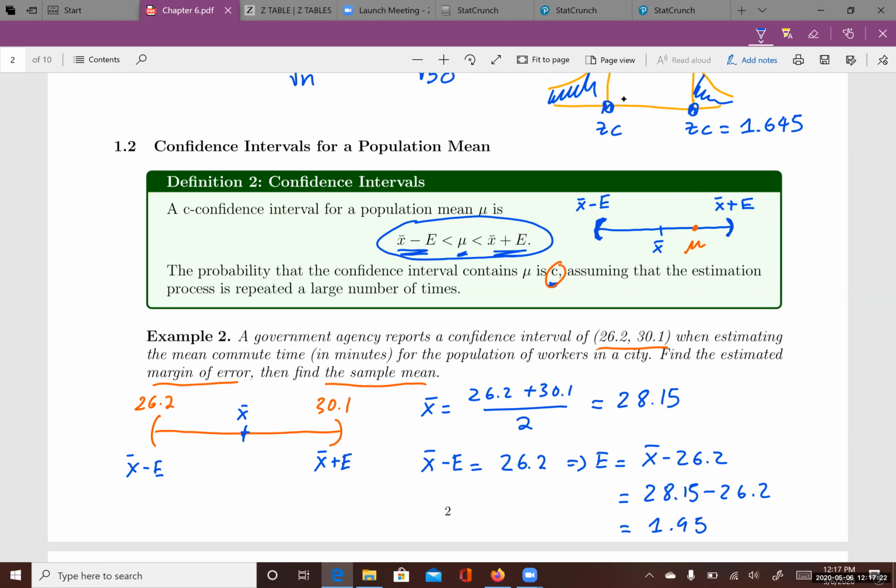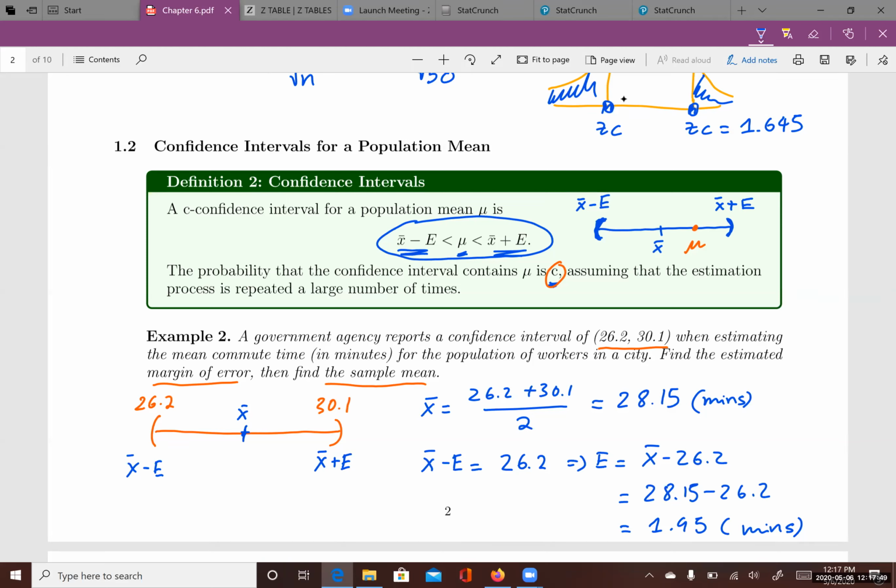And the unit for the sample mean should be minutes, right? And the margin of error is also in minutes. So in summary, this government agency collected a sample of workers in a city and asked for their commute time.